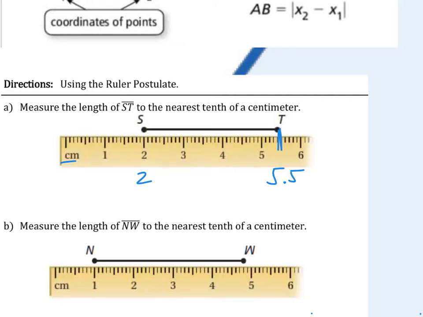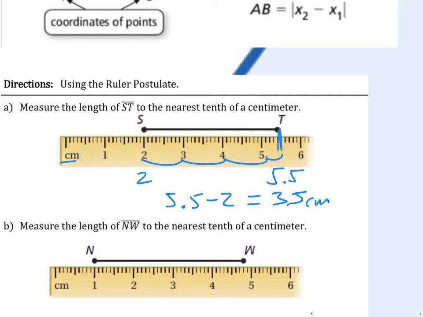We can pretty clearly see that it's 3.5 jumps. Well, what can we do with these two numbers? We can subtract them, right? So 5.5 minus 2 is 3.5. All right, so that's 3.5 centimeters.